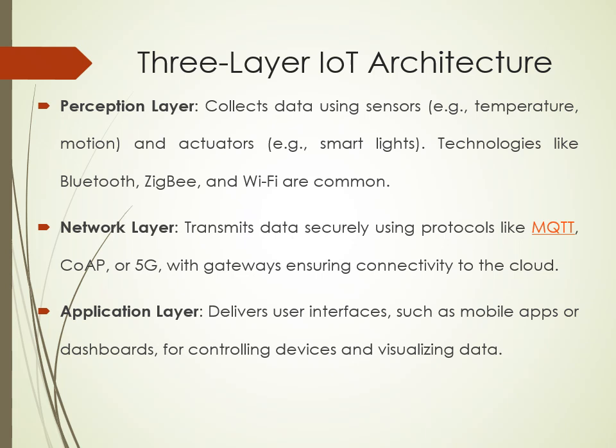When we want secure communication with the gateways and the cloud, we have to use standard communication protocols like MQTT, message queuing telemetry transport protocol, constrained application protocol, and 5G protocols, etc. The next one, application layer. The application layer uses user interfaces such as mobile apps or dashboards for controlling devices and visualizing the data.